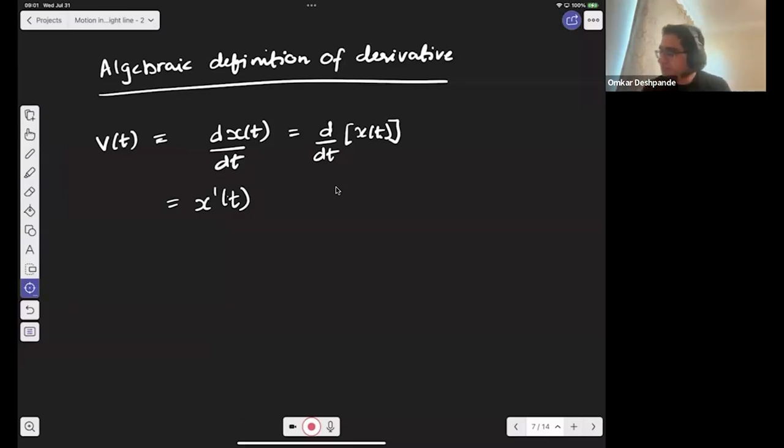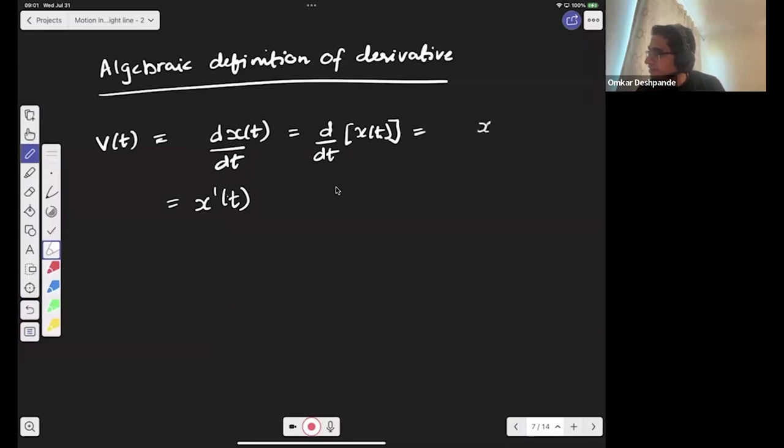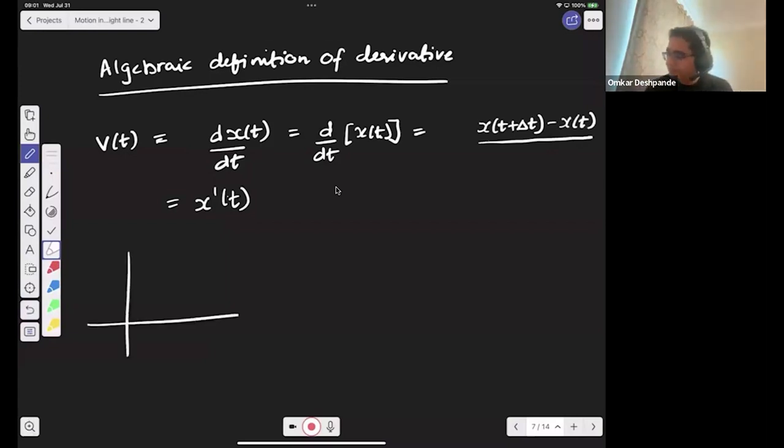But the way we defined it was by taking delta x. So what is delta x? It's x final minus x initial. So if my initial time instant was t and my final time instant was t plus delta t, then my initial position would be x of t and my final position would be x of t plus delta t.